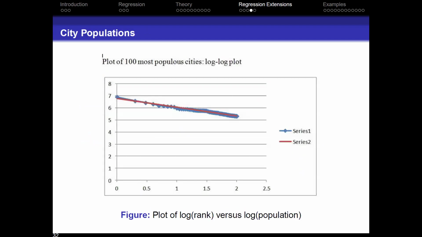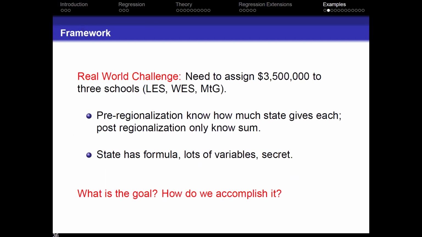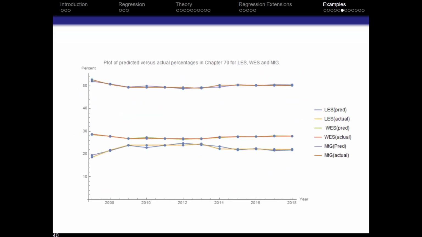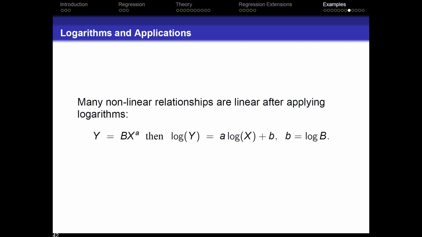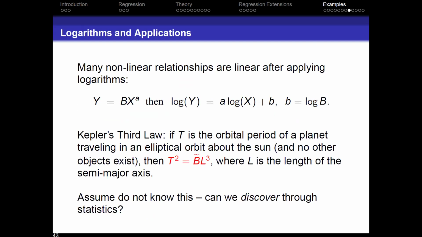Let me do Kepler first. Oh, okay, yeah, so here's Kepler. Okay, so yeah, I was right. The square of the period is proportional to the cube of the length of the semi-major axis. So Kepler got this by looking at experimental data. That's amazing to get this by looking at experimental data.